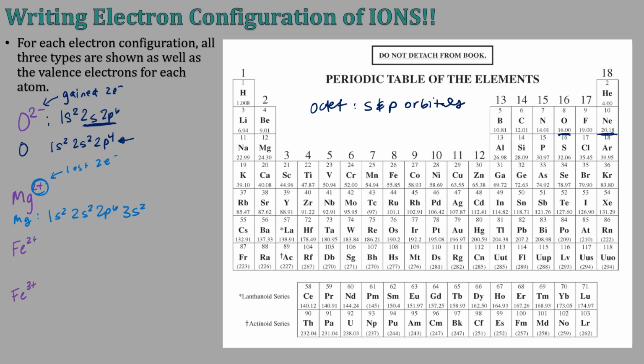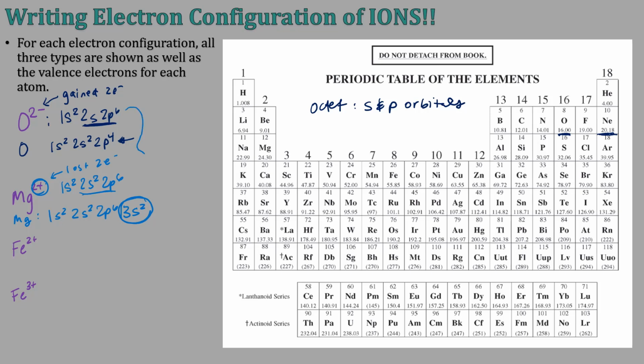And it's going to lose them from its outermost orbitals, because they're not going to be lost from the ones closest to the nucleus. That doesn't make sense. It would lose them from the outside. So these are the ones that are going to get lost. And so it would look like 1s2, 2s2, 2p6. So again, it has that full outer valence shell.